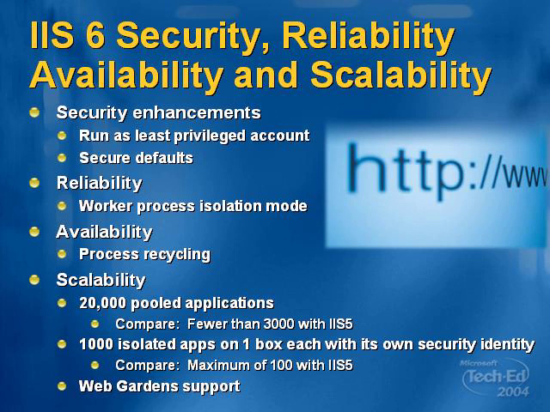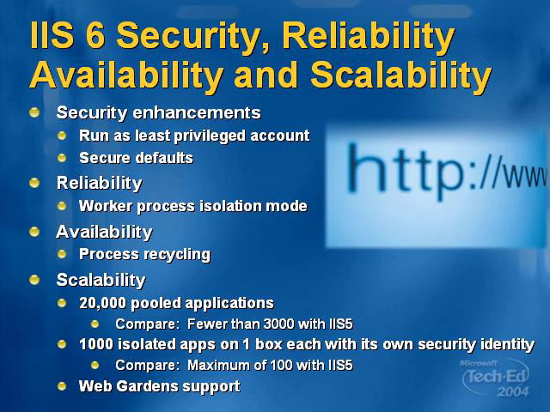We have improved reliability. And again, by way of looking under the hood, we're going to look at the architecture of IIS 6 compared to IIS 5 and see why it's more reliable. It has higher availability, including process recycling, and again, the architecture will give us more insight into that. And finally, scalability is massively improved.